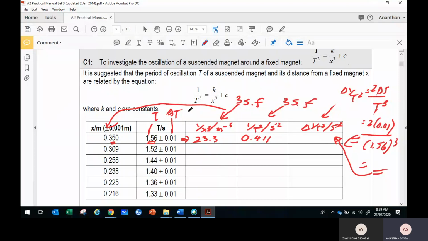So 0.0005. So you got 0.005 something, correct? 0.0556. Okay.